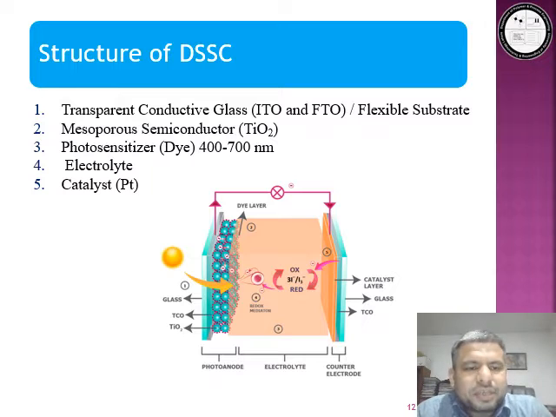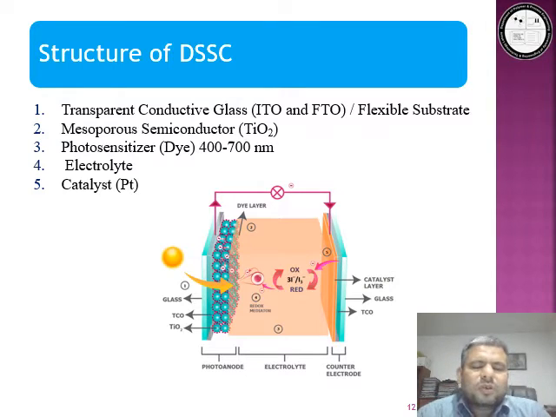Similarly, semiconductor metal oxides are used as photoanodes of DSSC. Its function is to absorb dye and transfer electrons to the external circuit. Titanium oxide is regarded as an excellent semiconductor due to good photocorrosion resistance and substantial electronic properties.